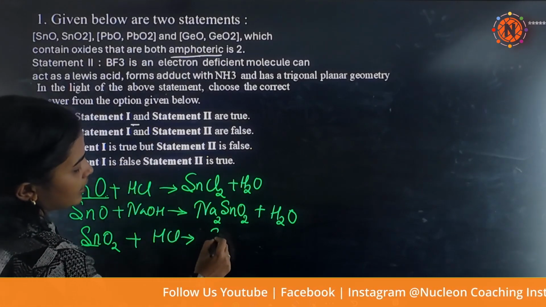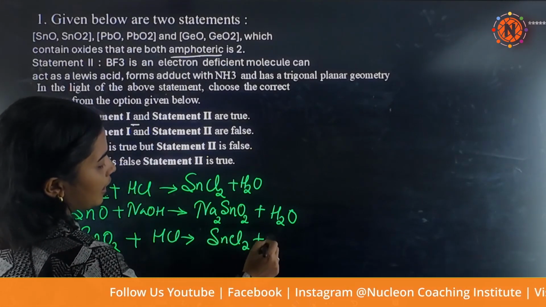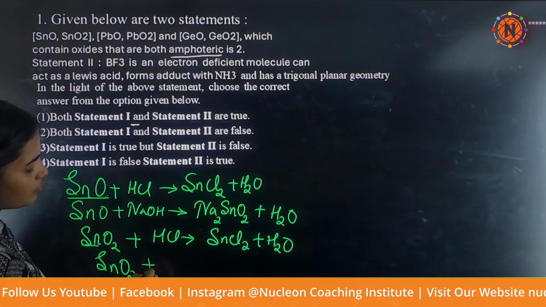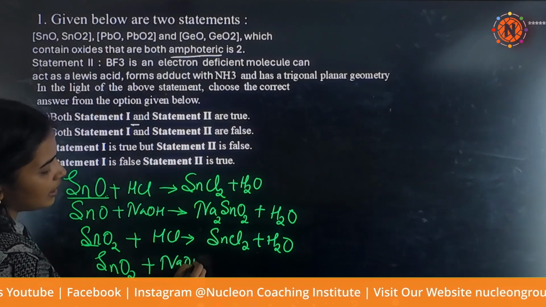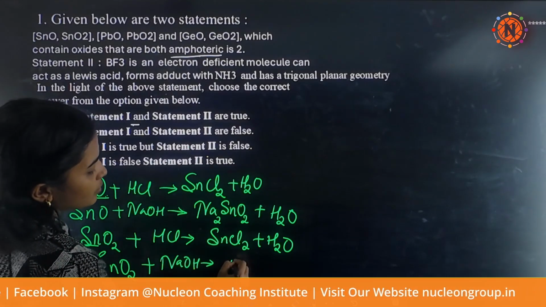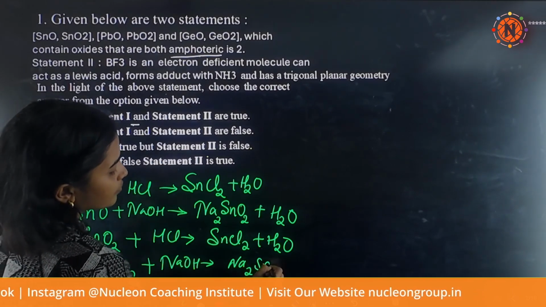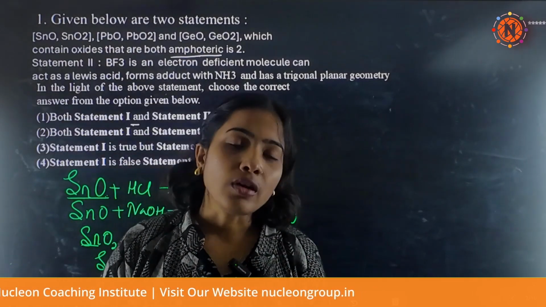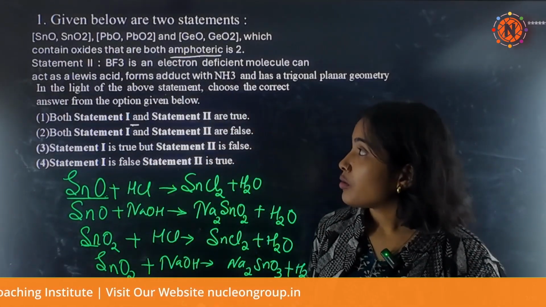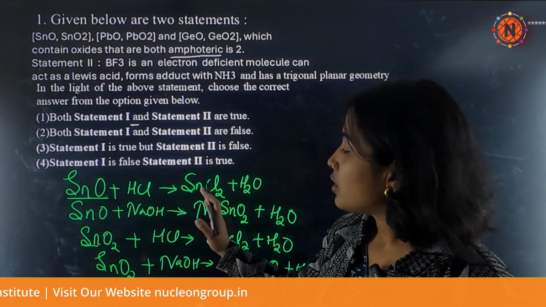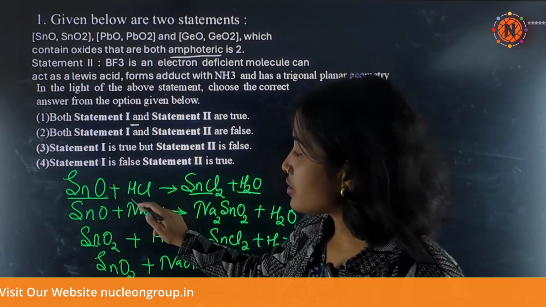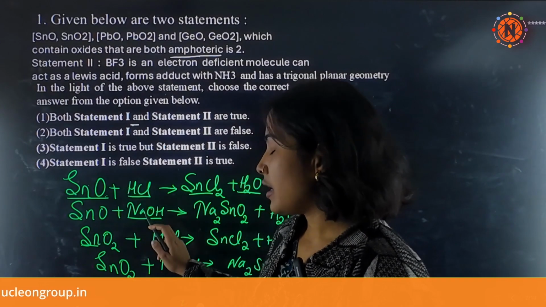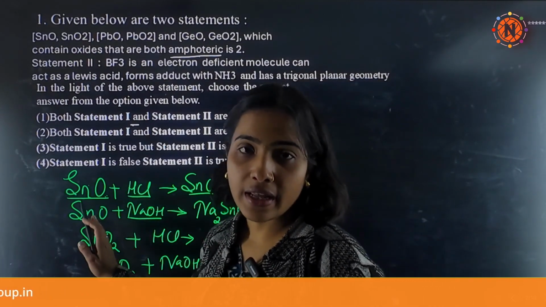Here also you will get a salt and water, and even if you treat this with a base, it will act like an acid and give you the corresponding salt and water, right? So any metal oxide of this kind gives salt and water in the presence of an acid and a base. If it is treated with an acid, it acts like a base, and with a base, it acts like an acid.